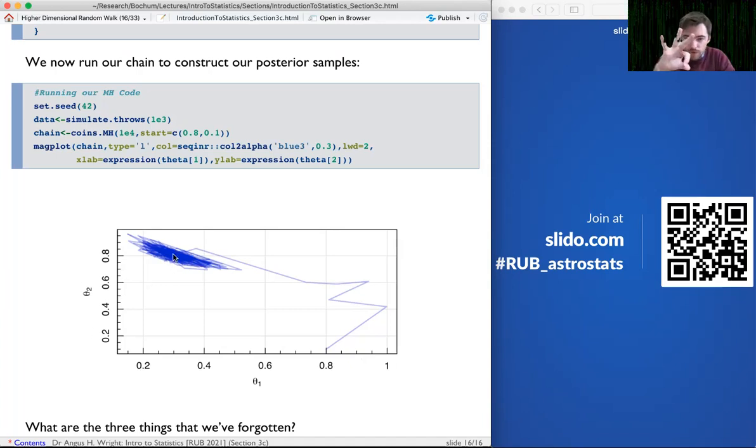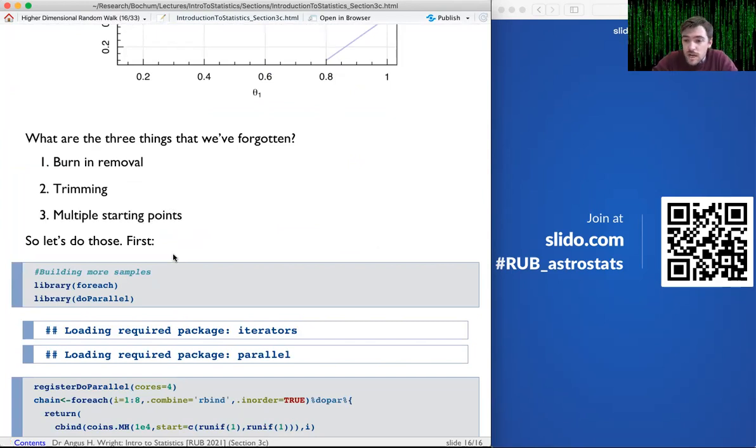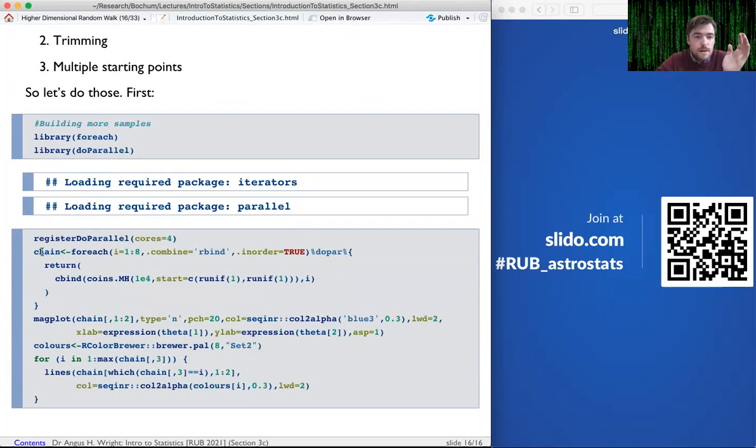But we've forgotten 3 things here. The first of which is we've forgotten the burn in, we've forgotten the trimming, and we forgot to start from multiple starting points. So we can do all of that very easily because we've done it all before. Starting from multiple starting points just involves starting it from 10 random starting points.